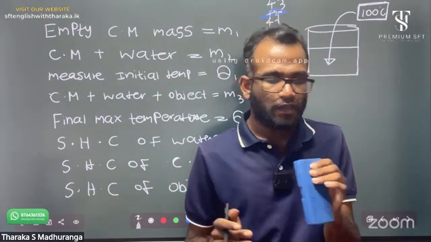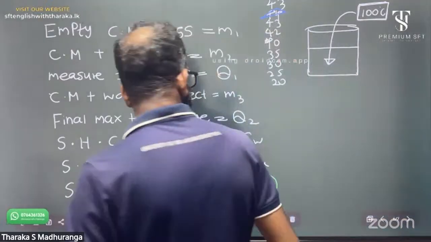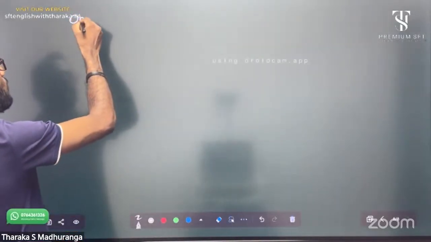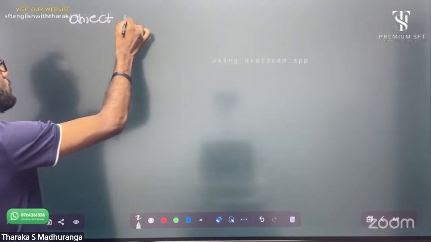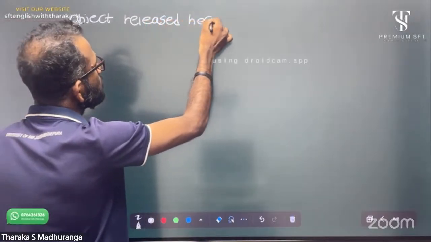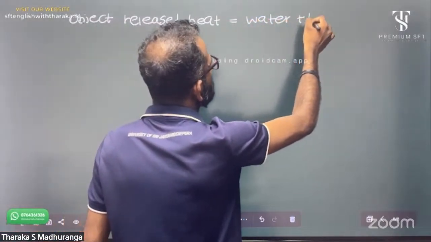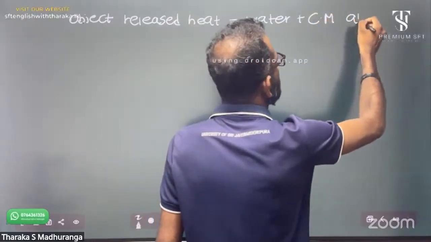Let's see how. According to the mixture method, who is the heated substance? The object, meaning the lead shot, releases heat, equal to the heat absorbed by the water plus calorimeter.